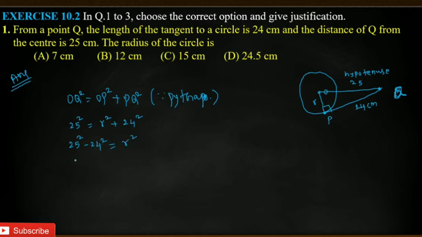I'm not going to square these; I'm going to use the a square minus b square formula, since it takes time to square big numbers. With a minus in between, a plus b into a minus b: 25 plus 24 times 25 minus 24 equals R square. Adding, I get 49 multiplied by 1. The square goes to the opposite side, giving root of 49, which is 7. So 7 centimeter is the radius.